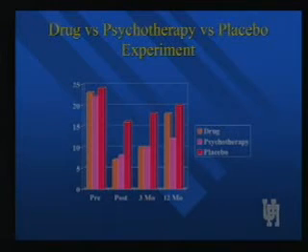This is an experiment that I made up the data for just to illustrate this. Here, you randomly assign people to one of three groups. They either get the new antidepressant medication, the drug, or they get psychotherapy for their depression, or they get a placebo pill.